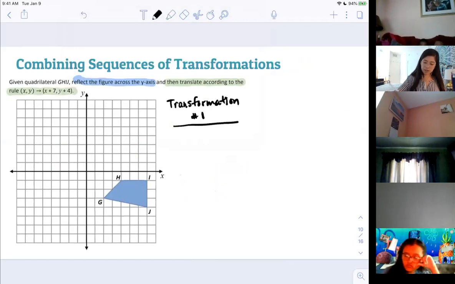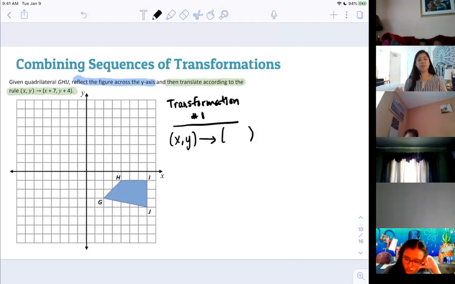So I start by listing all of my points. Well, I'll start by giving the rule, actually. So what's the rule for a reflection across the y-axis? Look back if you need to, but remember, we have to have these memorized. A reflection across the y-axis. I remember this. When the x is positive, the y is negative.